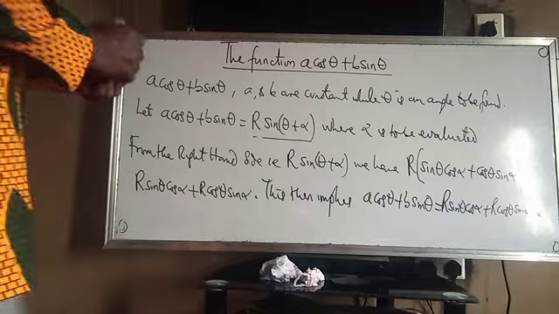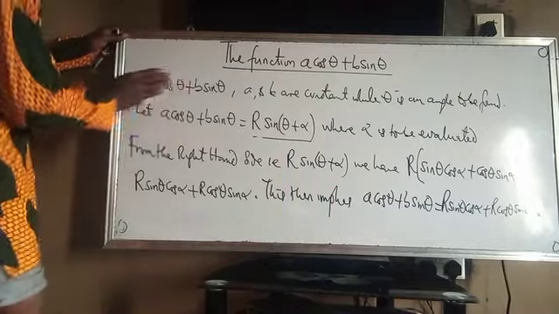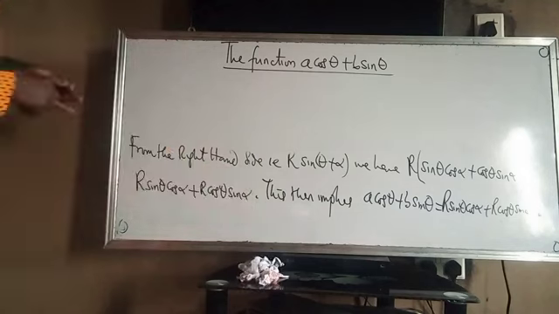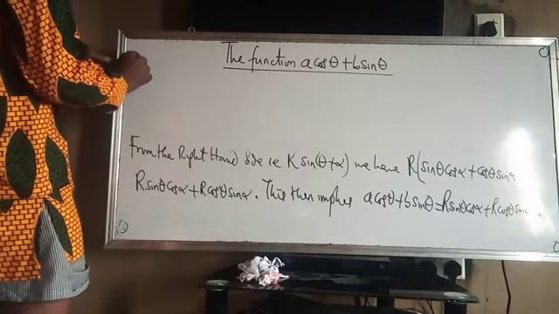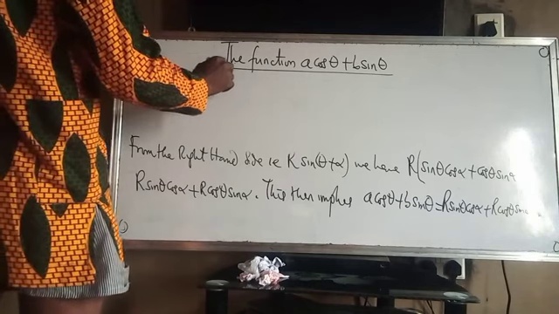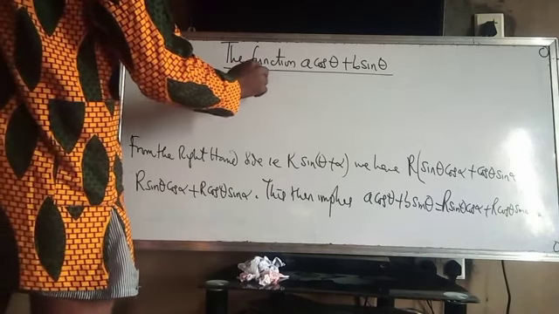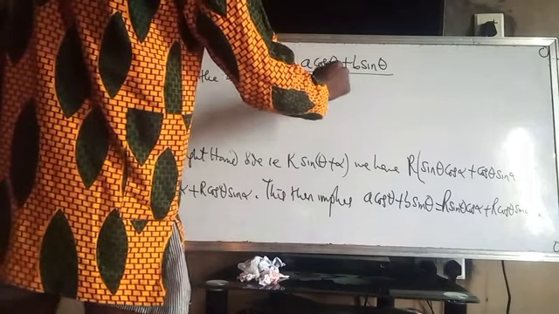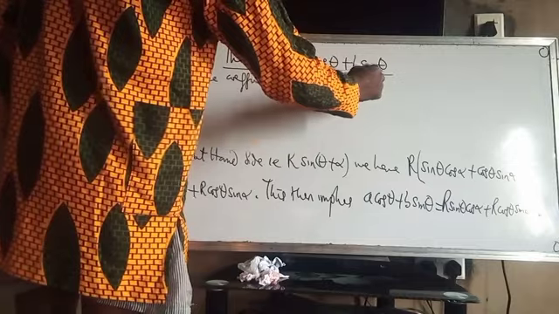Now let's look at the left and the right hand side and see if they can be compared. So we compare the coefficients in the left hand side and right hand side.